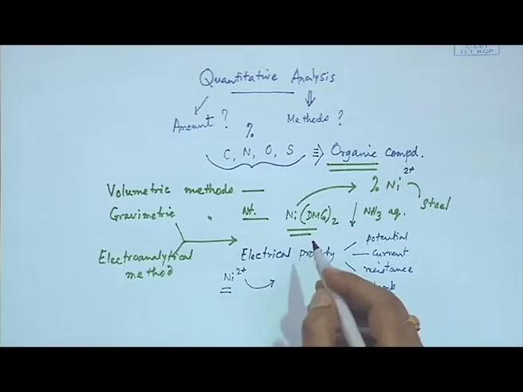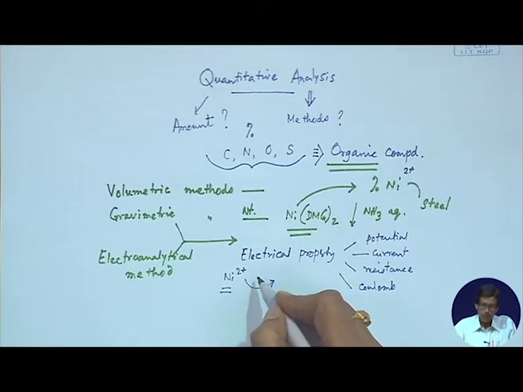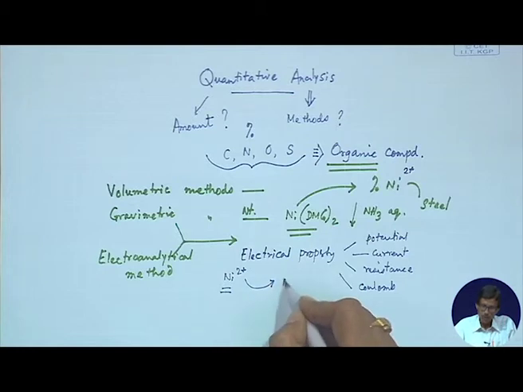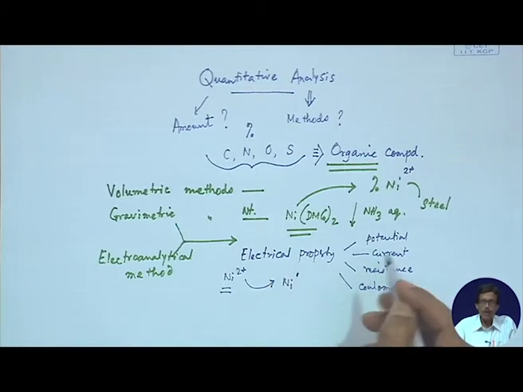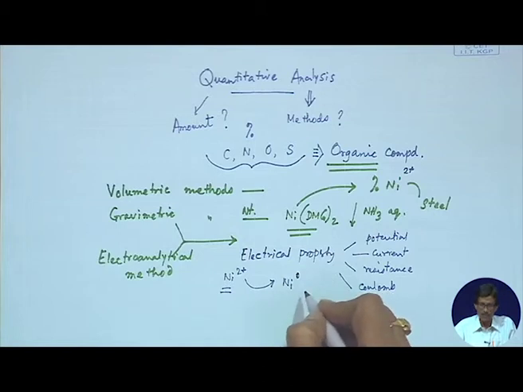So, to estimate Ni2 plus, think of a process or methodology which can be useful for our quantitative analysis. This Ni2 plus we have to reduce to get nickel 0, and this nickel 0 in its metallic form can be deposited on some electrode surface.